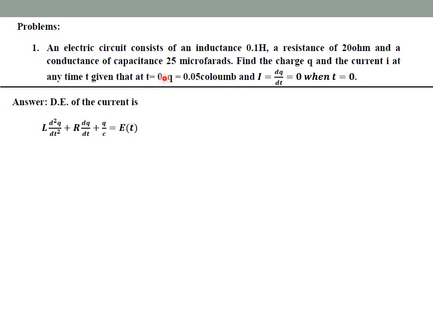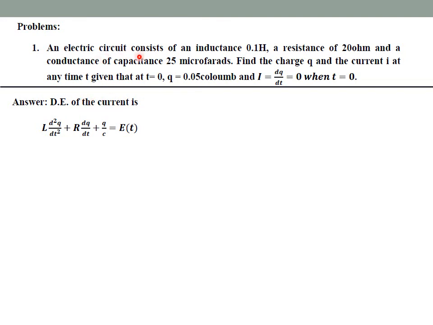In the same way here, they are telling me that initially at time t equal to 0, my current is 0 in the circuit and the charge q is 0.05 coulomb. These two conditions are used to find the constants C1 and C2. Once I start with the problem you'll understand. First I'll write the differential equation.